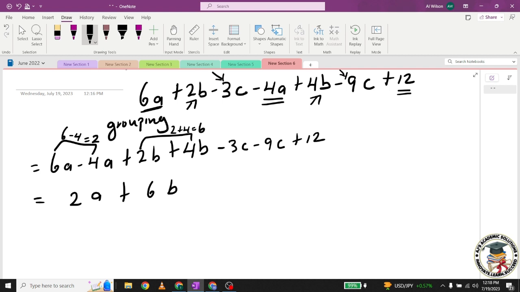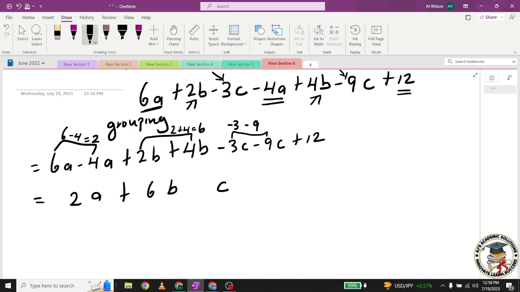We have minus 3c minus 9c. So we're not just going to put a sign down, we need to figure out what's happening here. So let's look at our coefficients. We know we have to have a c here, but we don't know what sign is going to be positive or negative. So understand minus 3 minus 9.